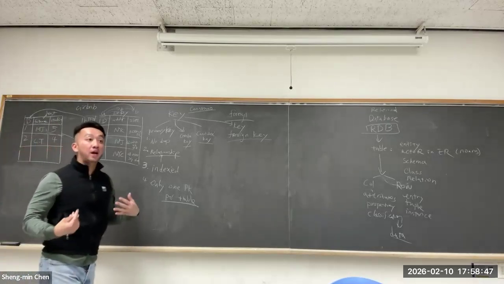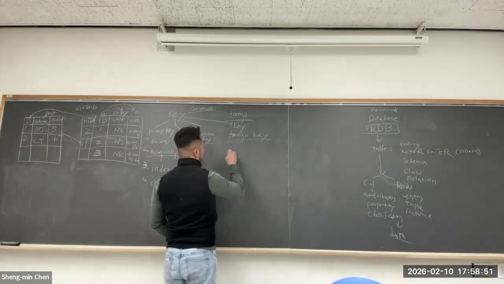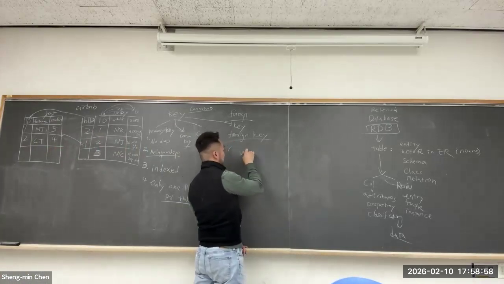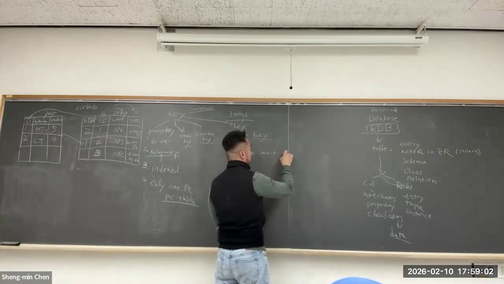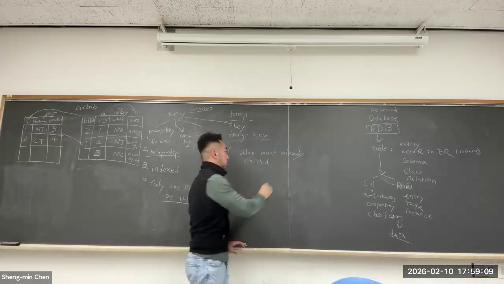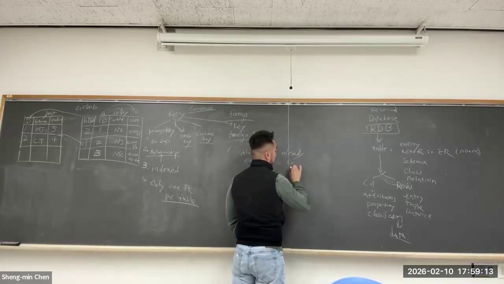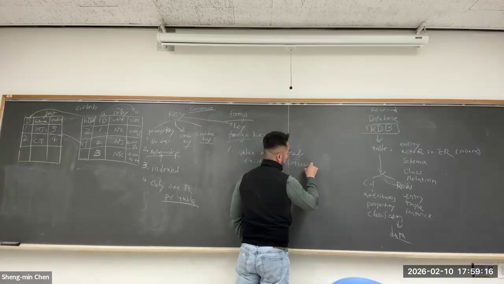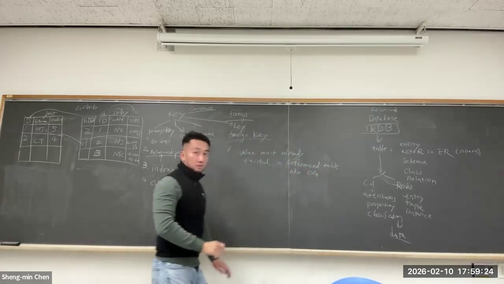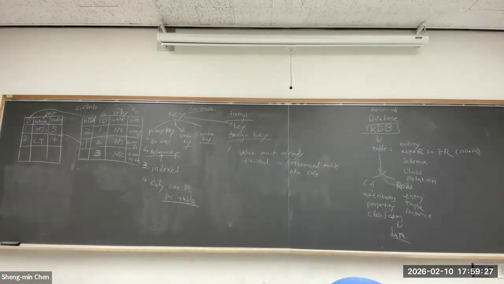Okay, now the constraint of foreign keys. Just like when you're creating a table and you want to declare the primary key of a table, right?